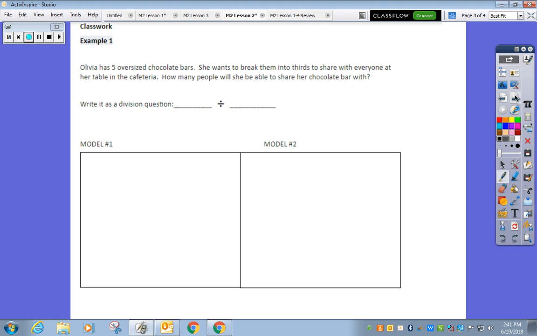So we know she's starting with 5 chocolate bars, and she wants to break them into thirds. Okay, so what that means is we're starting with 5, and we're splitting it up equally, or breaking it up into thirds. Now when we see this thirds, that's talking about 1/3 size pieces.